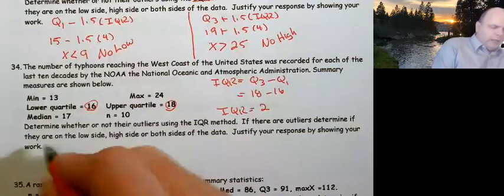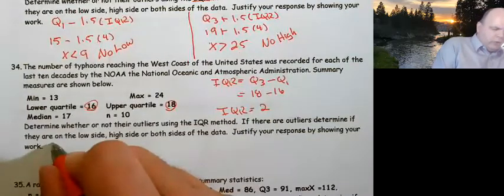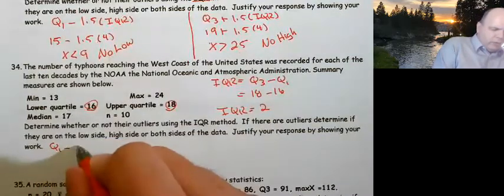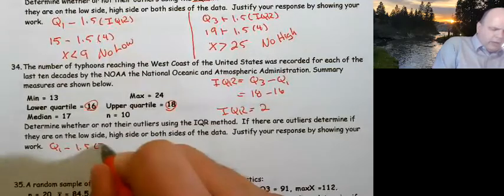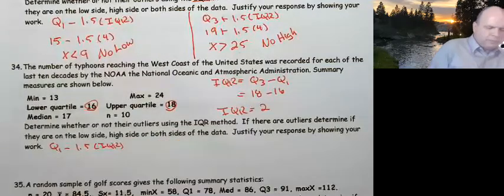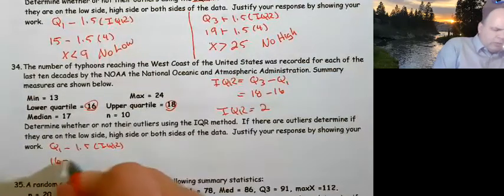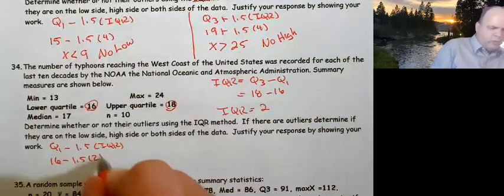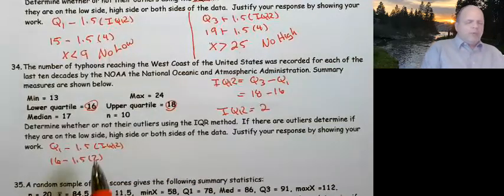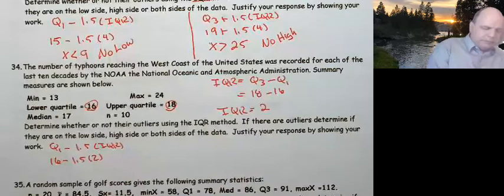So we need to calculate low side outliers, Q1 minus 1.5 IQR. So 16 minus 1.5 times 2. 1.5 times 2 is 3. 16 minus 3 is 13.